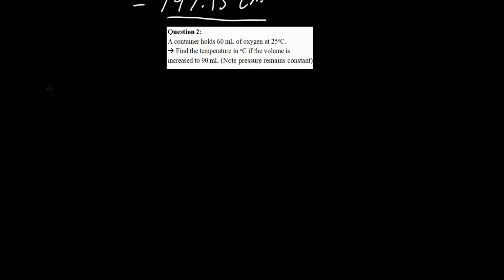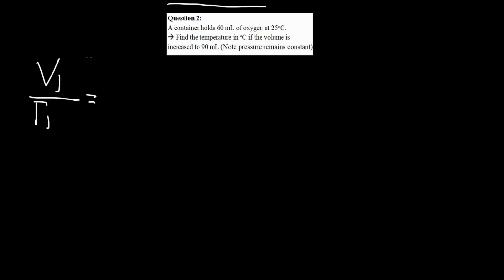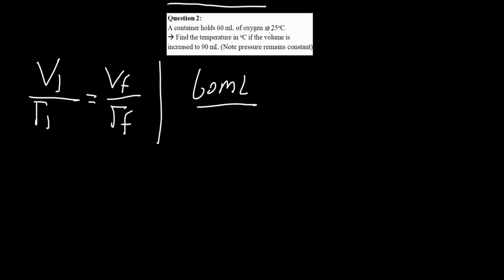And actually, let me rewrite the equation first. So the V initial over T initial is equal to our V final over our temperature final. So in this problem, our V initial is 60 mL, and our temperature initial is 25 degrees Celsius, which we know we need to convert to absolute temperature, so we need to convert to Kelvin.